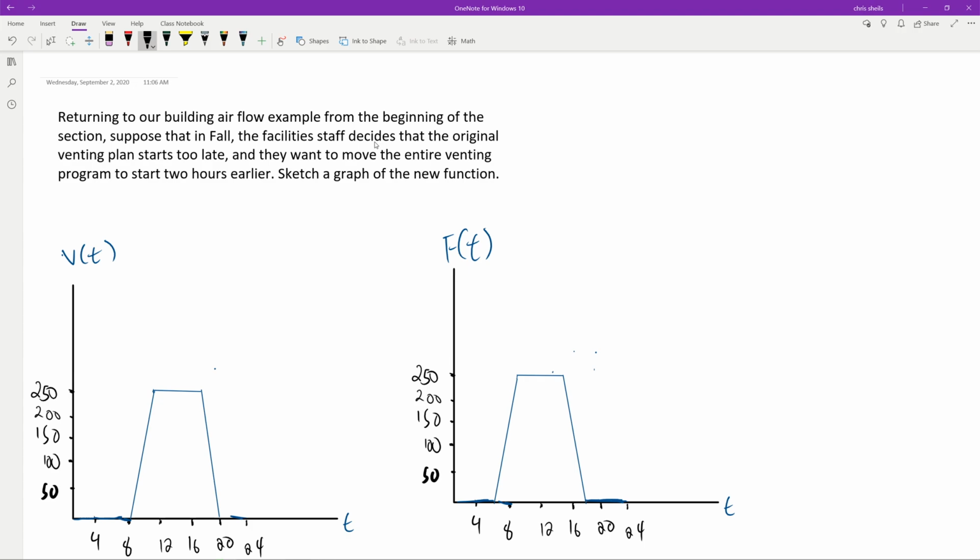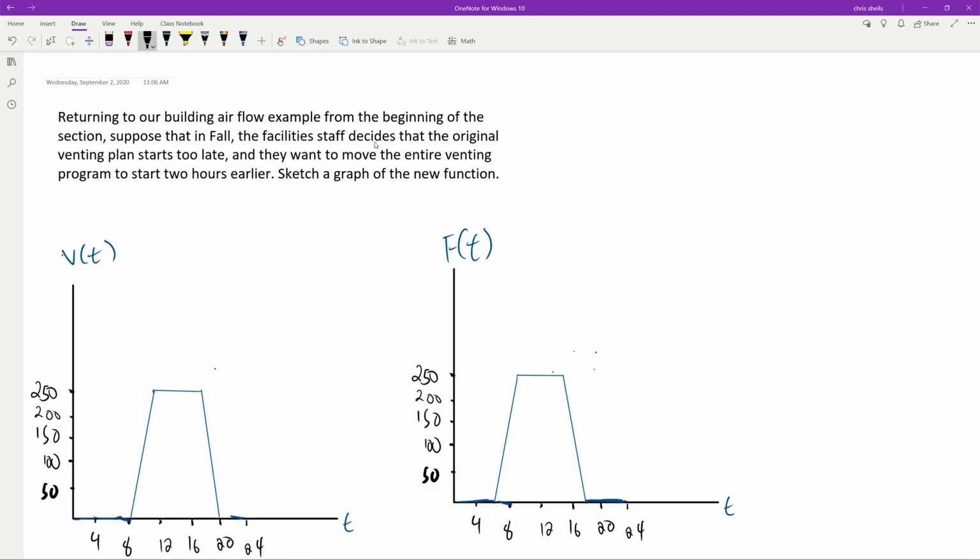On the left-hand side, I sketched, again, the old function, the original venting program. And on the right-hand side here, I've sketched what it would look like if we moved the venting program to start 2 hours earlier.